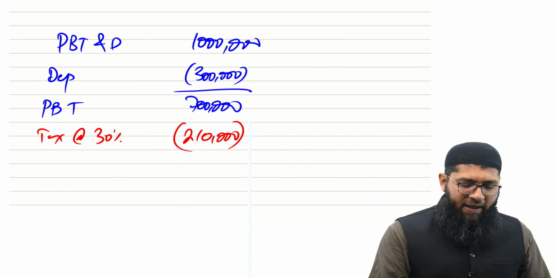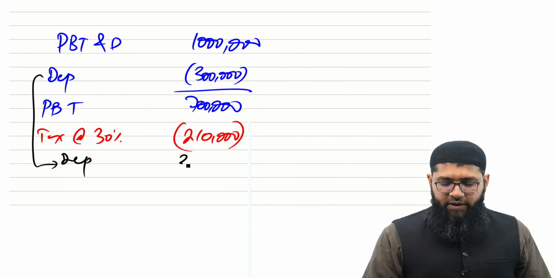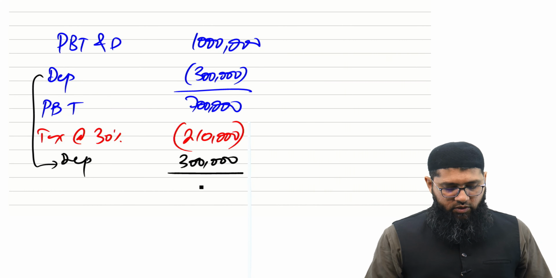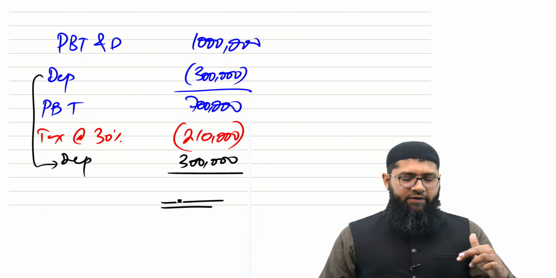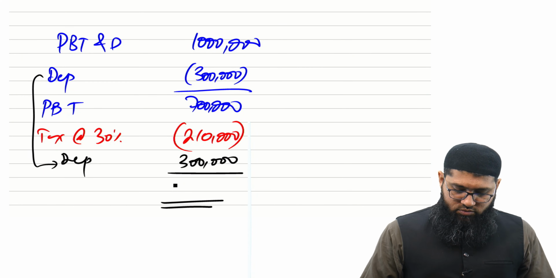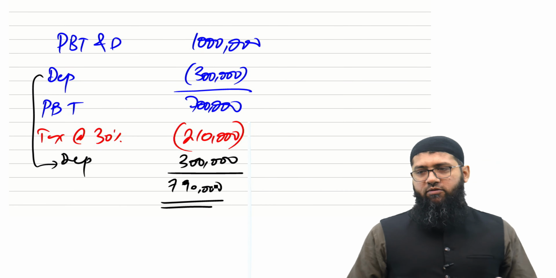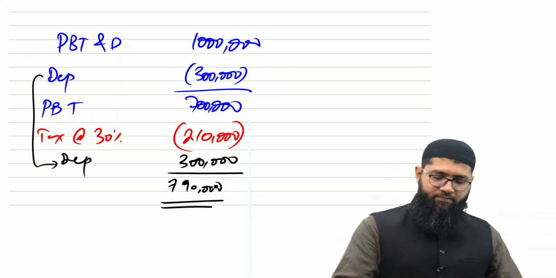Then you add back the depreciation which was deducted above, because it's a non-cash item. So 700 plus 300 minus 210 gives you 790,000.